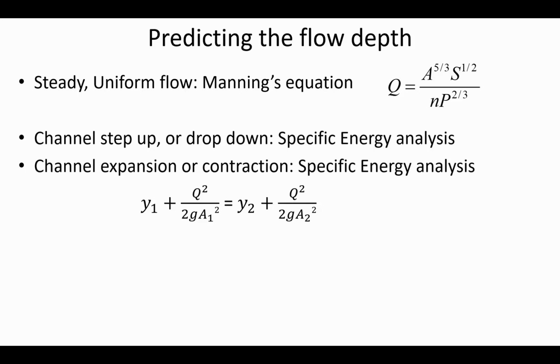So that's what we've done so far, is started with steady uniform flow, and then we used this equation, specific energy, to answer the question, what would be the new flow depth after equilibrium is achieved downstream? So there's something interrupting equilibrium, there's non-uniform flow, and specific energy predicts after we get back into balance what's going to be the new flow conditions, meaning how deep would the flow be in the new channel section.